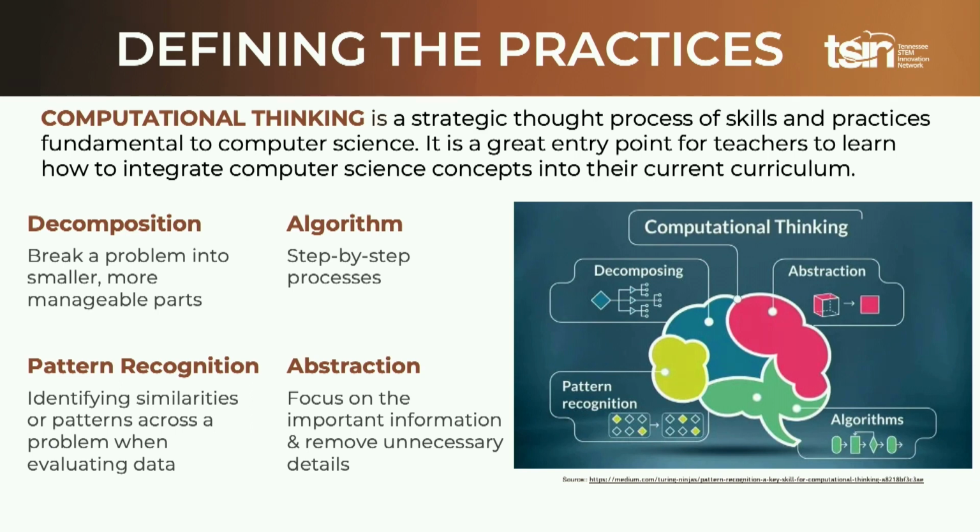Pattern recognition is identifying similarities or patterns across a problem when you're evaluating any data that you have. And then abstraction is focusing on the important information and removing unnecessary details, which can also apply to that ELA standard.